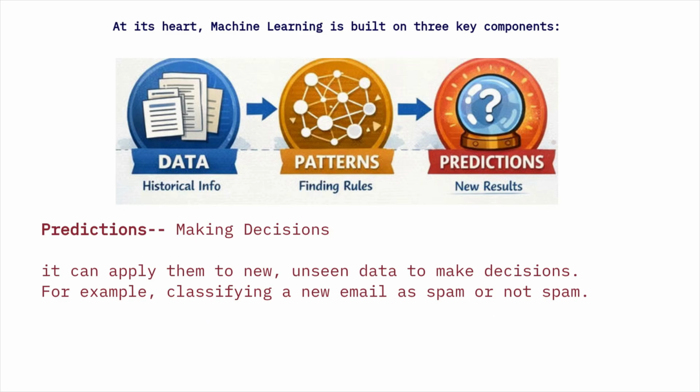For example, if a new email arrives containing a specific combination of structural anomalies and lexical triggers, the model calculates a probability score. If that score exceeds a certain threshold, the system autonomously classifies the email as spam. This ability to generalize from past patterns to solve future problems is what defines the intelligence and utility of the model.